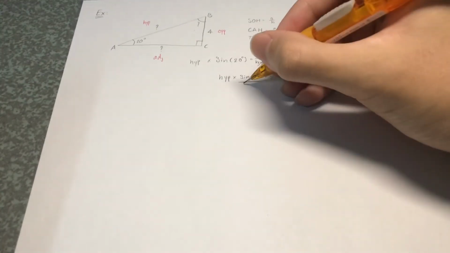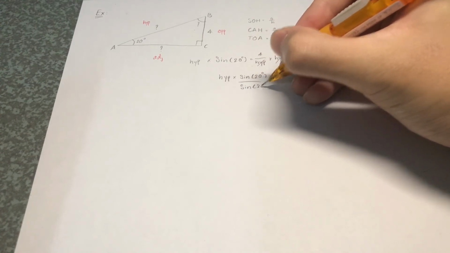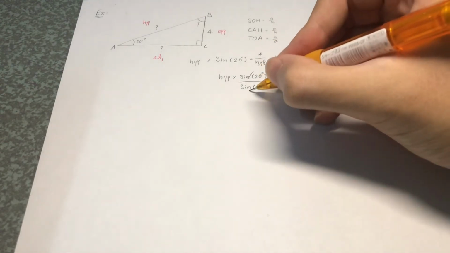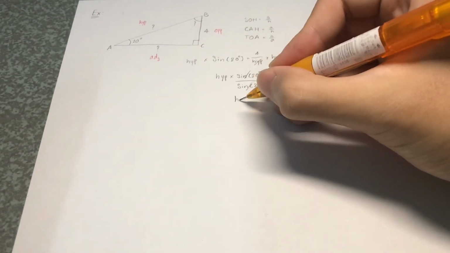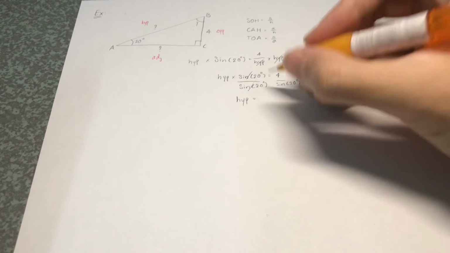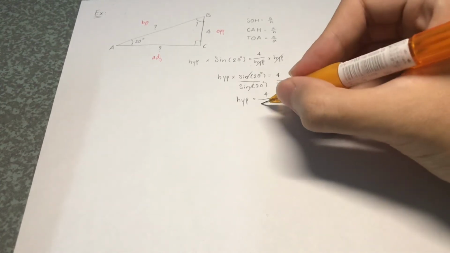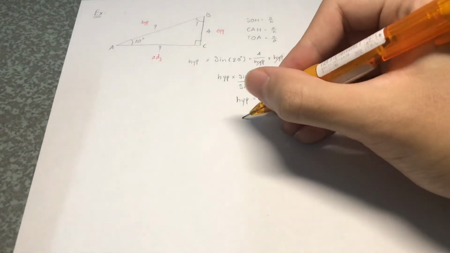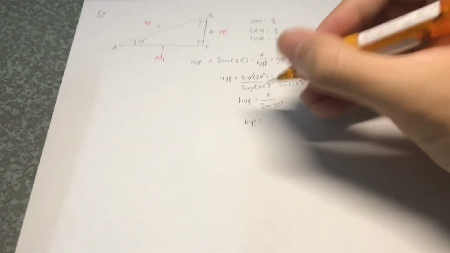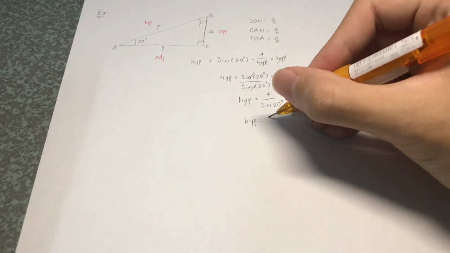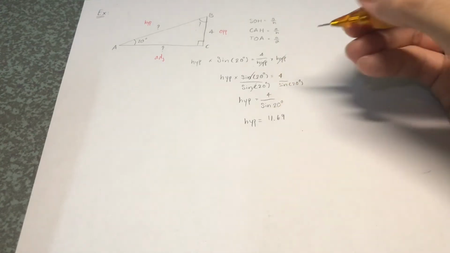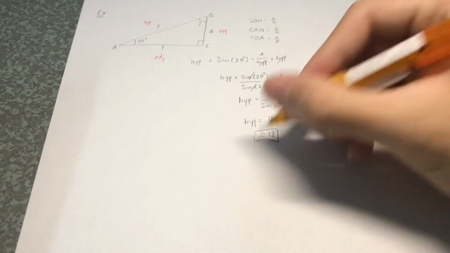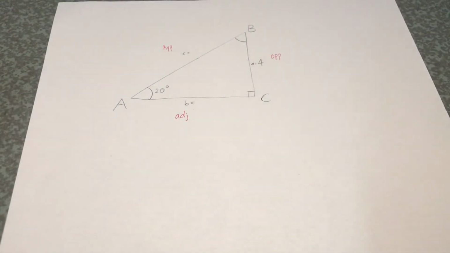Then divide both sides by sine 20 degrees. Cancel. You will be left with hypotenuse equals 4 over sine 20 degrees. The hypotenuse is equal to 11.69, or approximately 12. Approximately 12 on side C.